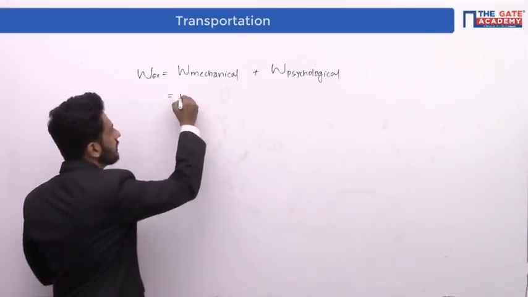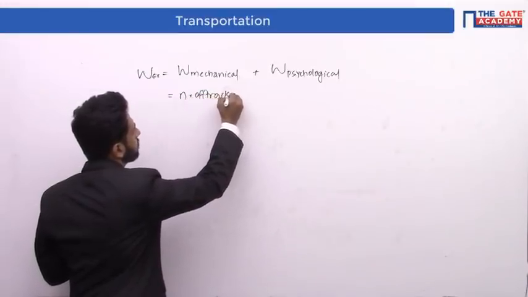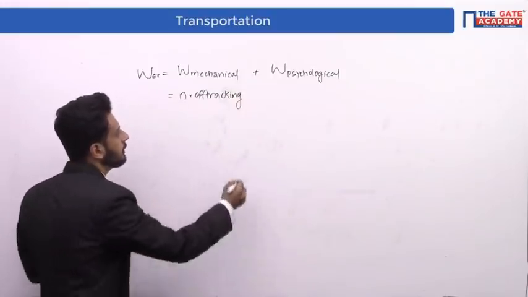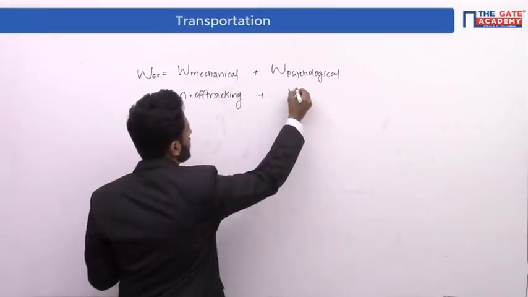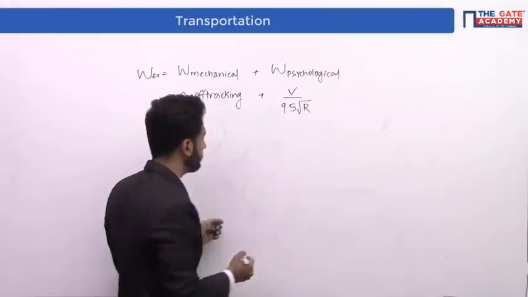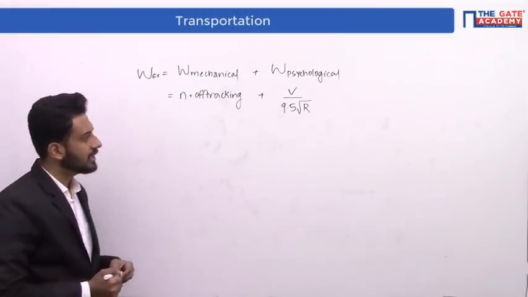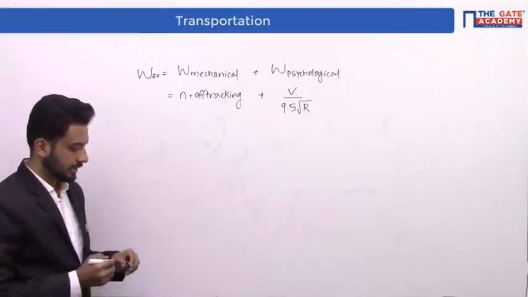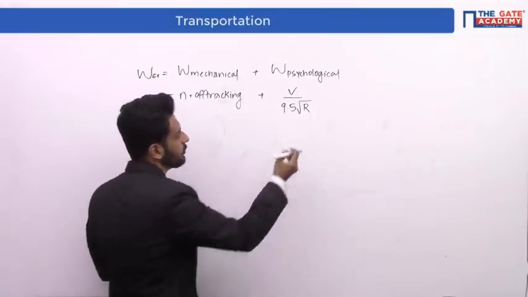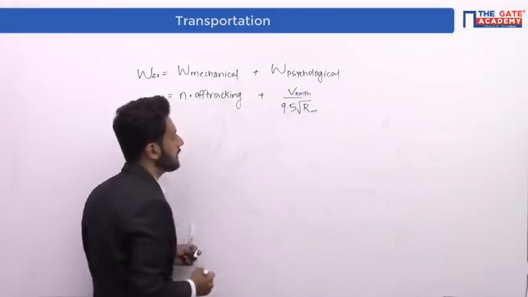It is the number of lanes into off-tracking value plus V divided by 9.5 root R. Listen to one thing: this V will be in kilometer per hour and this R will be in meter.